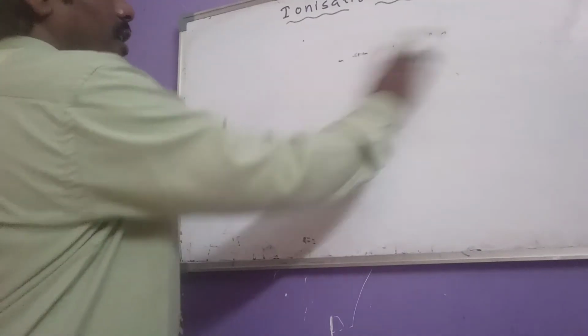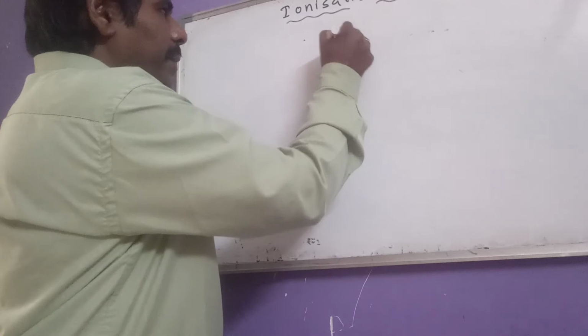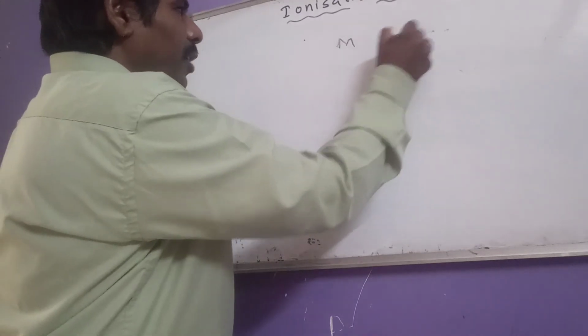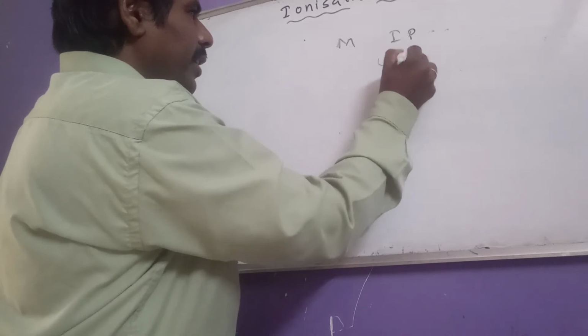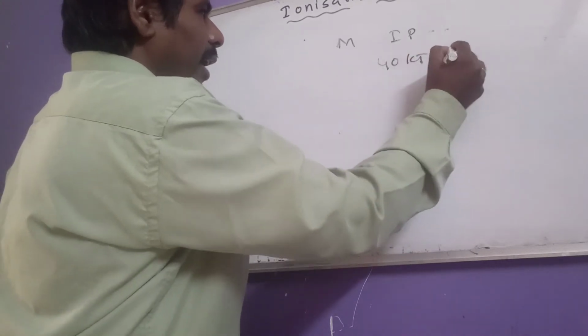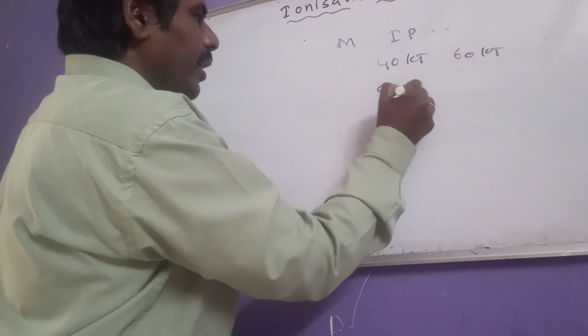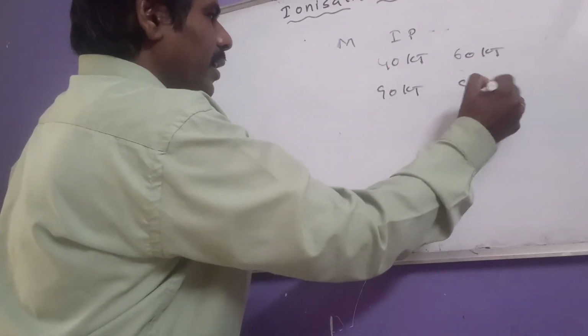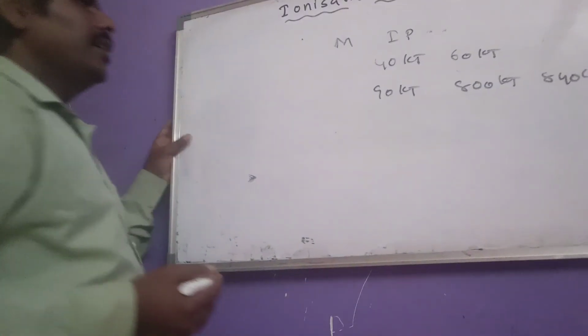So how do we solve that type of question? See here. For an element M, the IP values are like this: 40 kilojoules, 60 kilojoules, 90 kilojoules, 800 kilojoules, 840 kilojoules.